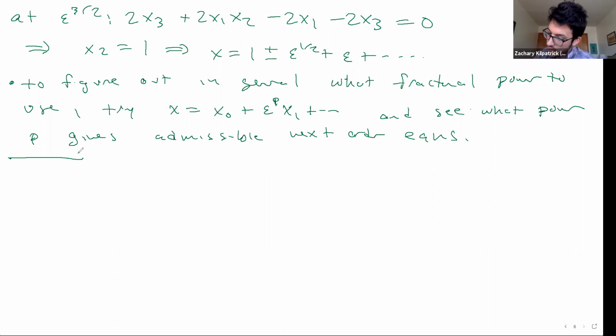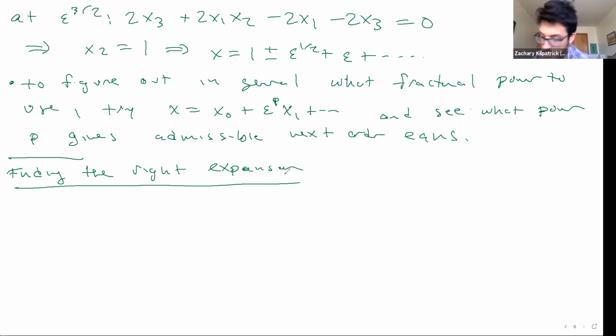Okay. All right. So I gave a hand wavy argument about how to find the right expansion. Let's dig a bit deeper, right? And say if we wanted to do it a bit more systematically.